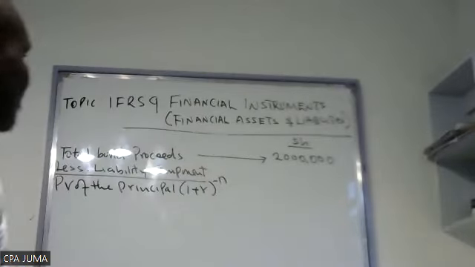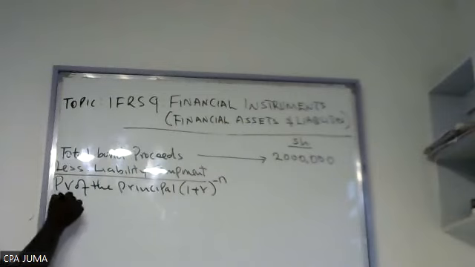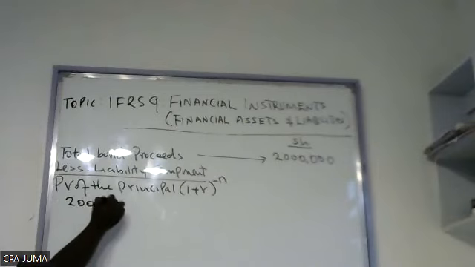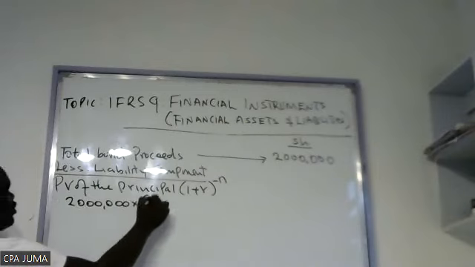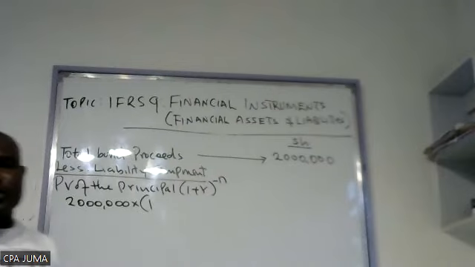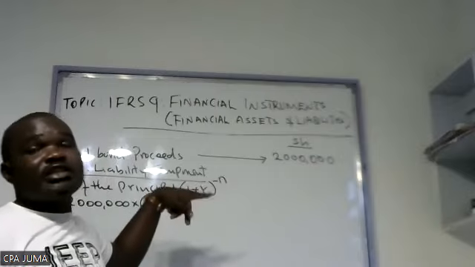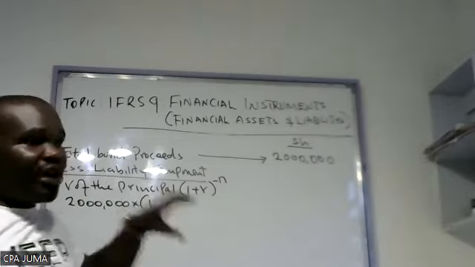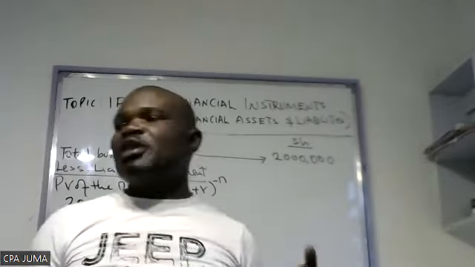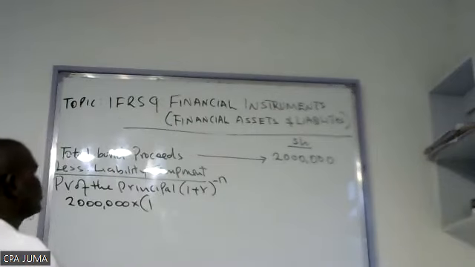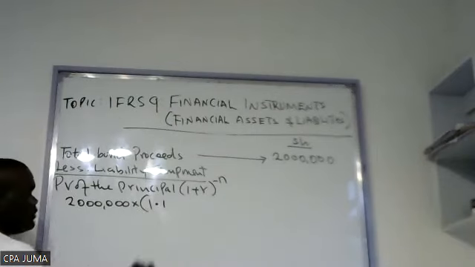So you go for 1 plus r raised to the power negative n, which will be 2 million times 1 plus r. For discounting, you use the market rate, not contractual. The market rate is the one you use for discounting purposes. So you will have the 10%, it was 10%.